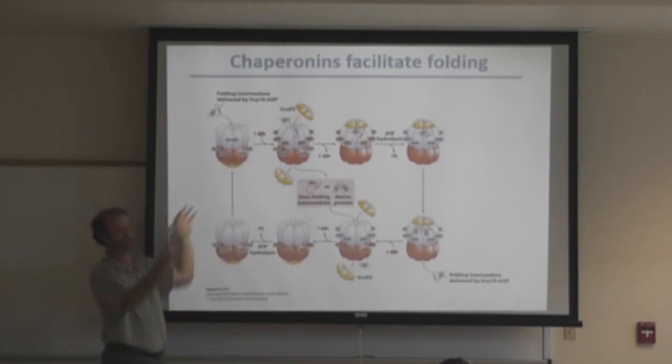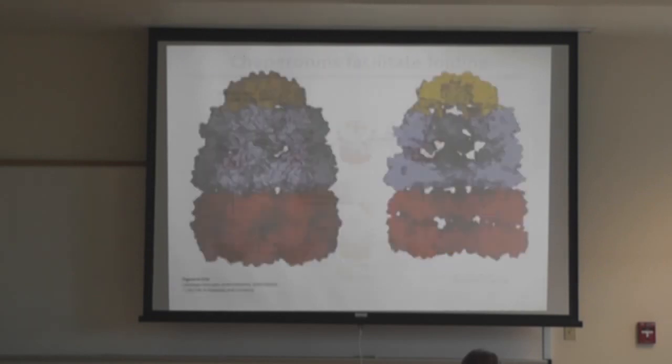The protein binds to the side, and every time it binds to the inside of this chaperonin, it'll fold a little bit more and burn an ATP with each binding event. And some proteins can take like several hundred ATP before they're ejected in their folded state. And that's the crystal structure of a chaperonin right there. So it's quite a large molecule.